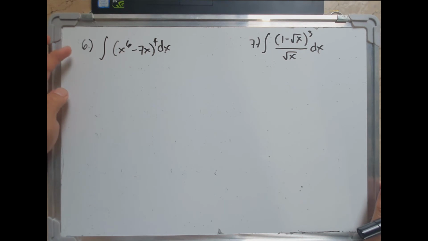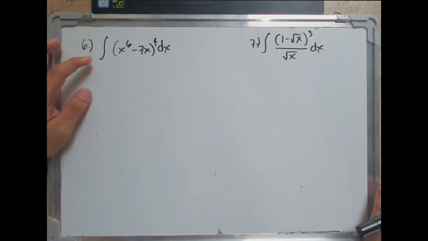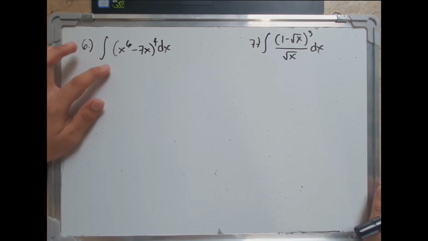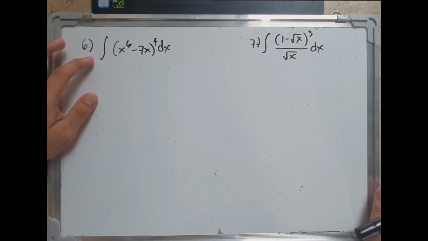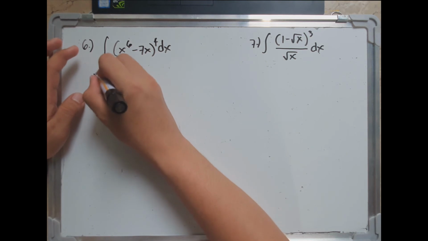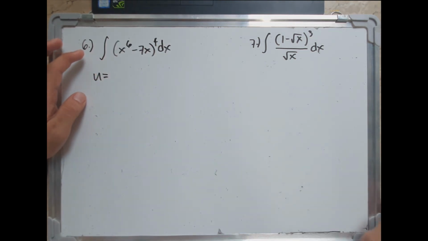Now, next problem, number 6, the integral of quantity x raised to the power of 6 minus 7x, quantity raised to the power of 4 dx. Let's try to evaluate this one. We are oriented to always find the u for this specific type of problem and find the du, or its derivative.